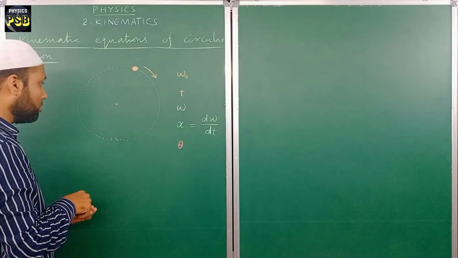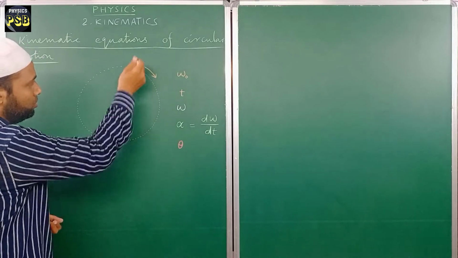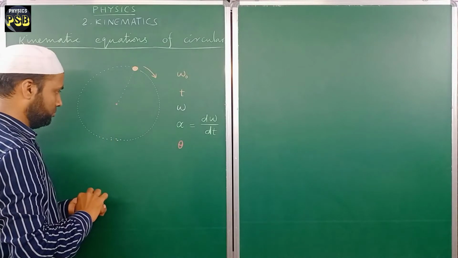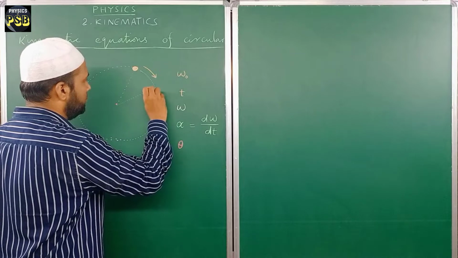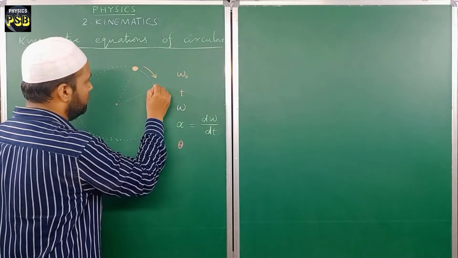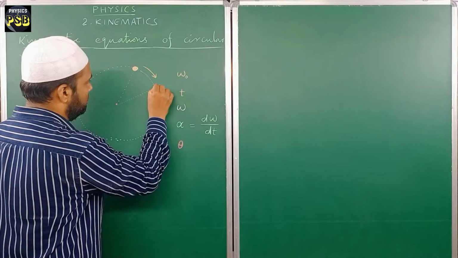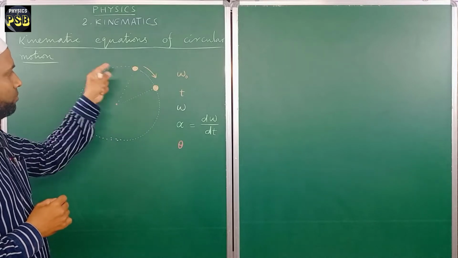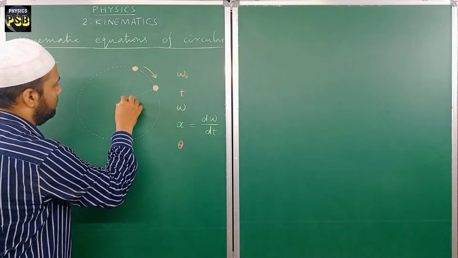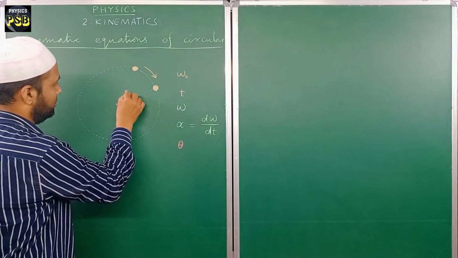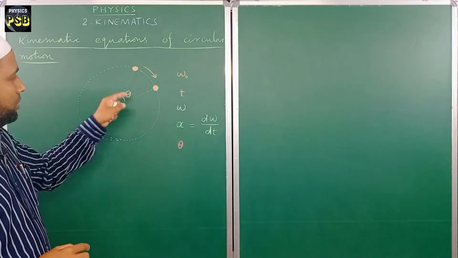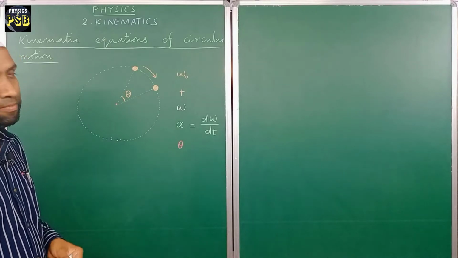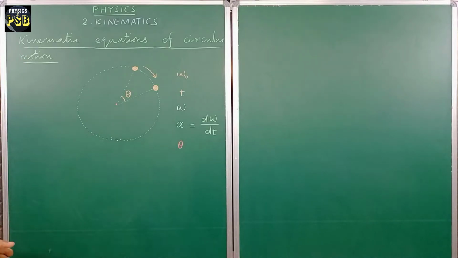Now I connect this to the object under motion. Suppose after some time the object has moved to this point, then the angle traced by the object is nothing but angular displacement. It is represented by the letter theta. Got it?